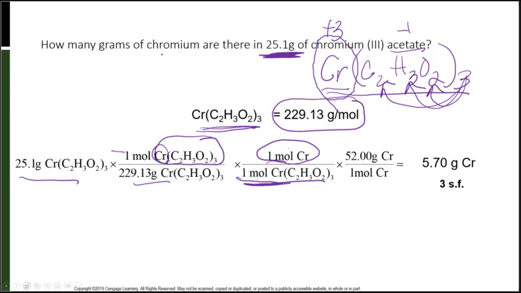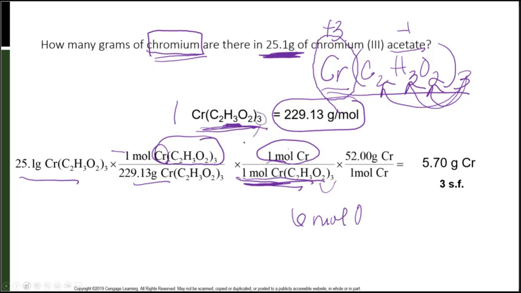Now, what if I wanted to know how many grams of oxygen is there in 25.1 grams of chromium-3 acetate? For 1 mole of chromium acetate, there are 6 moles of oxygen. So this would be a 6 on top here. Or if I said how many grams of hydrogen? Well, how many hydrogens are there in 1 mole of chromium acetate?